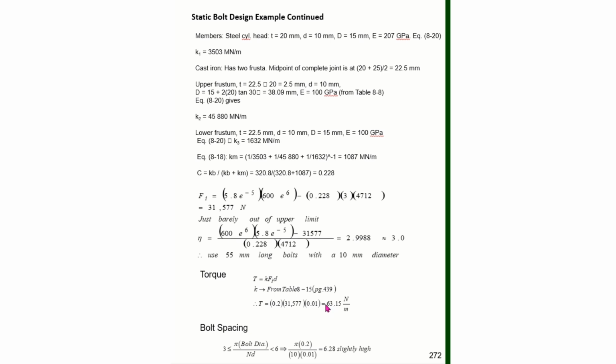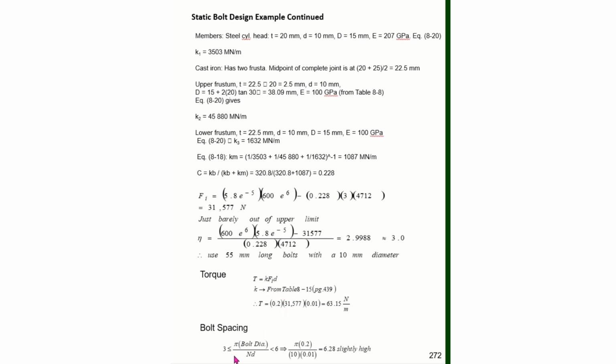And we can get that to be 63.15 newton meters. So this expression here, torque is equal to K FI D, is an important equation. Note that this K is a different K than the K's up here for the member and bolt stiffness. And we can look that value up from table A15.